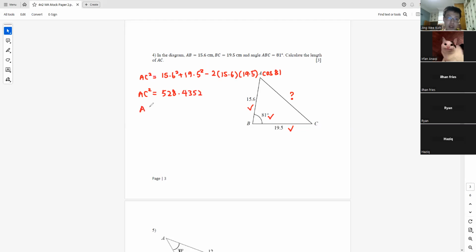Okay, to find AC, what do we do? Just square root. So this will be approximately 23.2. Remember the right decimal places? See it. Okay, so this worksheet is still very easy. These are the easy questions where you need to know how to apply your formulas. Okay, move on.